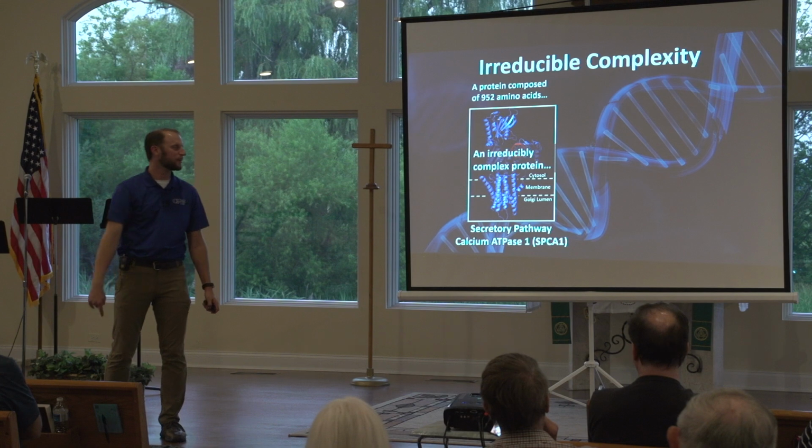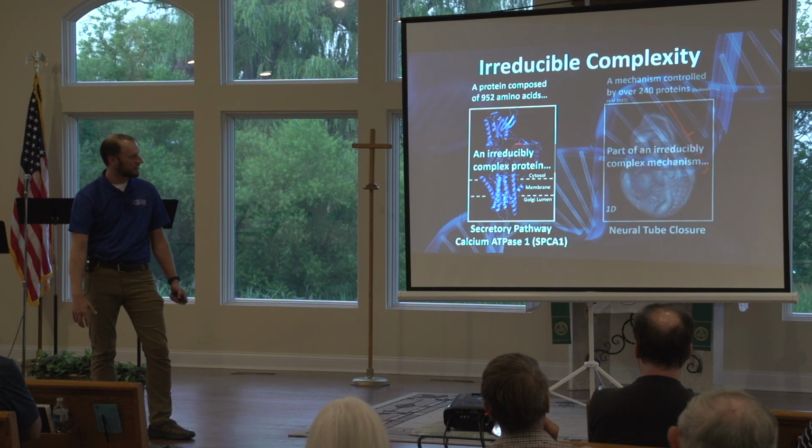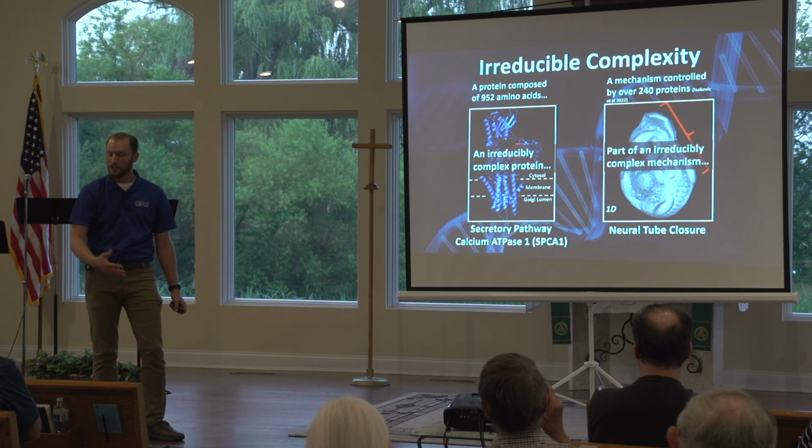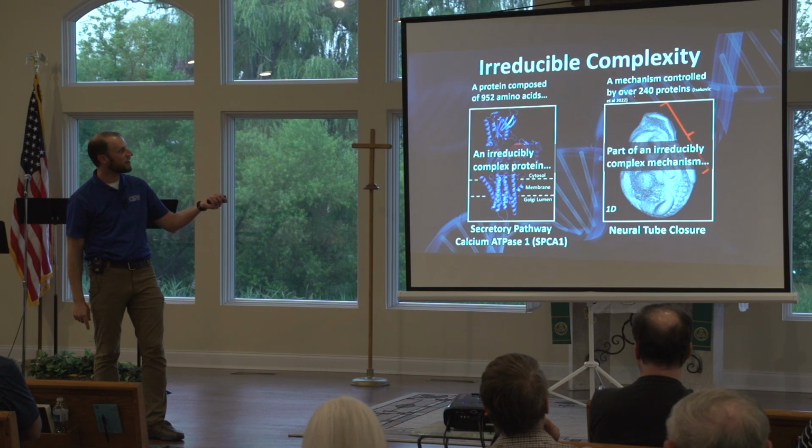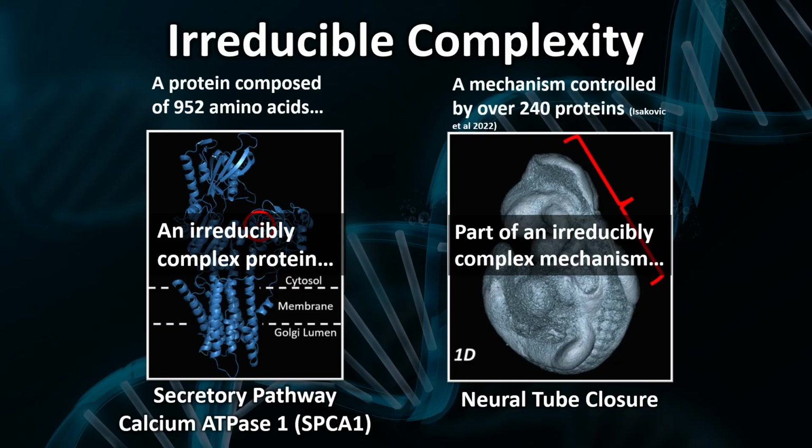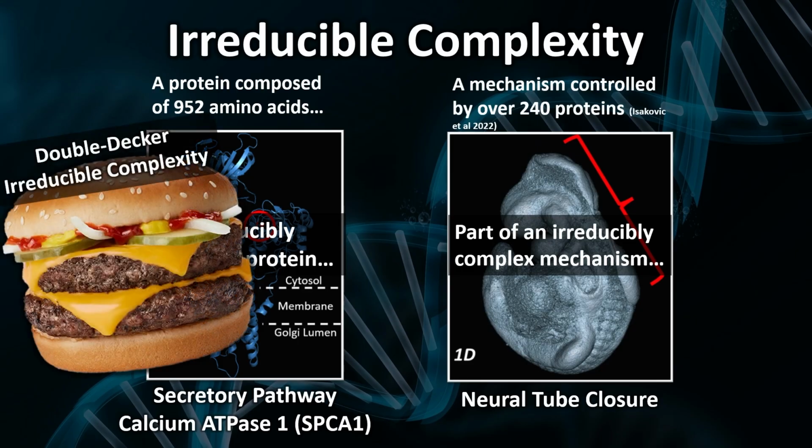But this irreducibly complex protein is part of an irreducibly complex mechanism called neural tube closure, because it's not just one gene that's involved. 240 genes and proteins are involved in closing this tube. And we messed up one of those, and the system failed. So we have layers of irreducible complexity in this system. You know what I see? I see double-decker irreducible complexity.